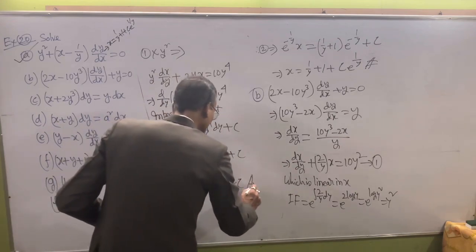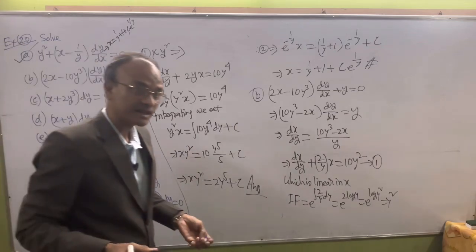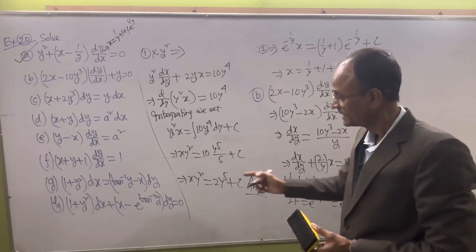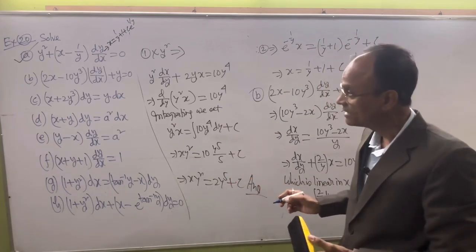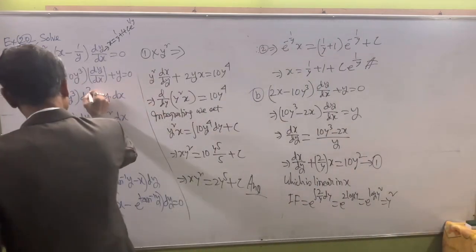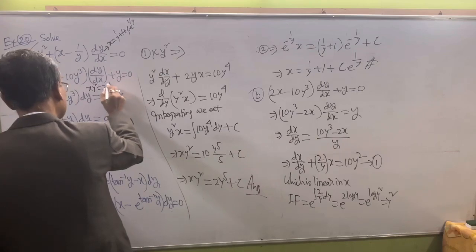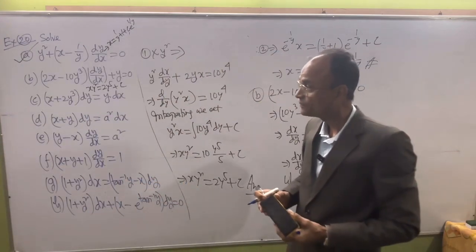This is the required solution of the given differential equation B. X y square equals twice y to the power 5 plus c.